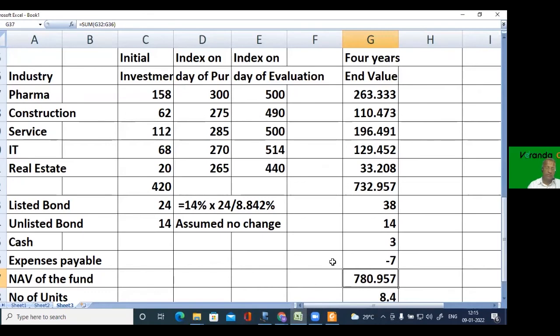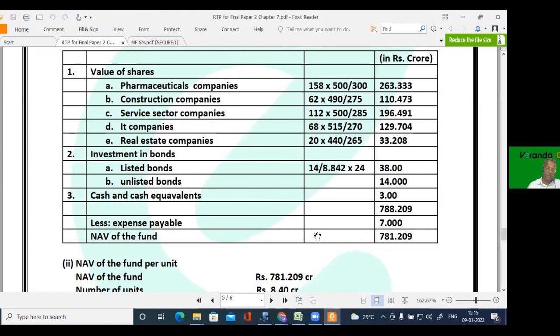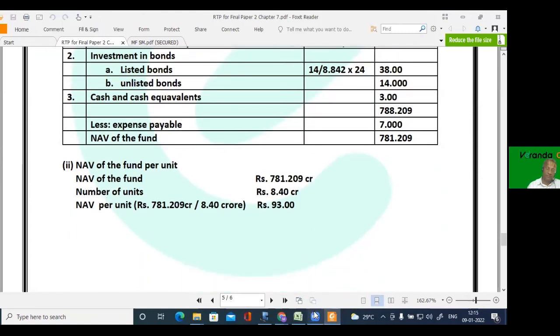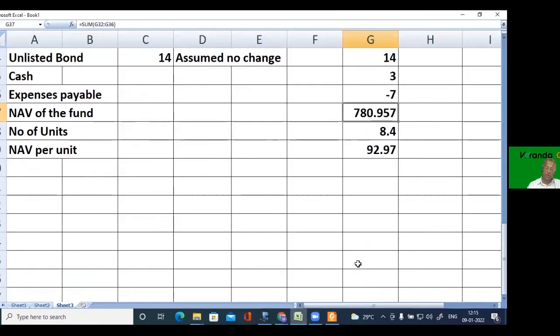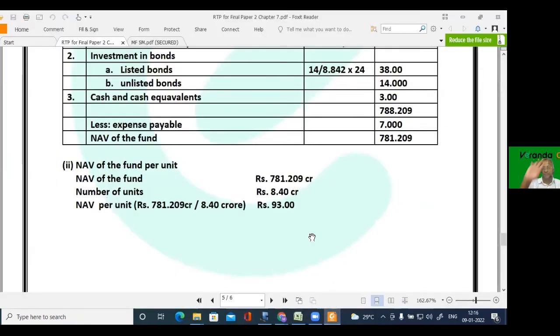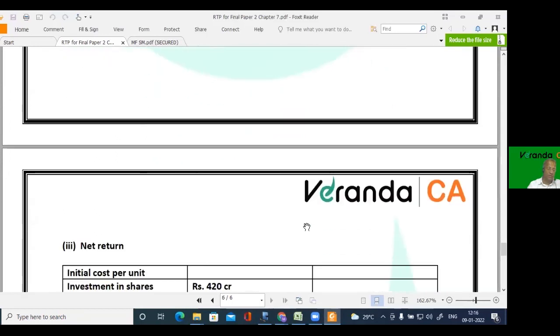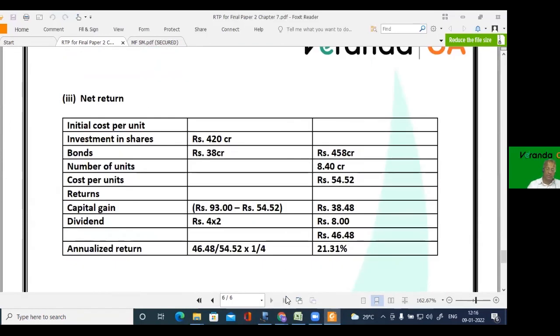I do not know whether Microsoft or PDF is right, but it is all working out. So 92.97, you may round it up to 93 as you just did. Okay, I don't find any difference at all. So net return.